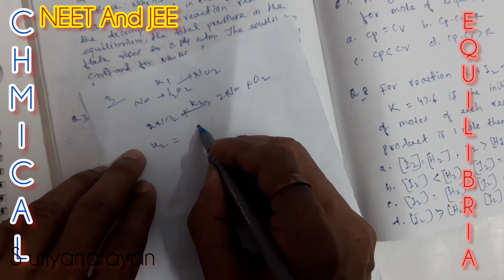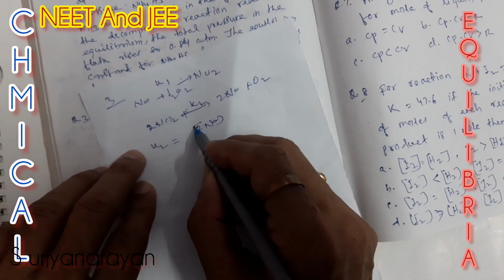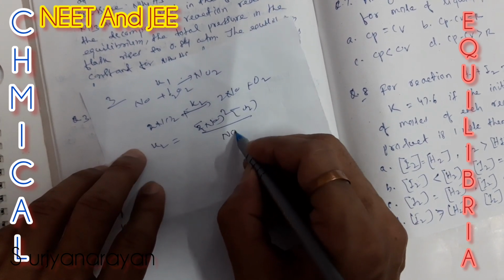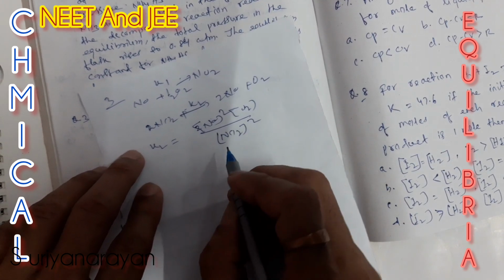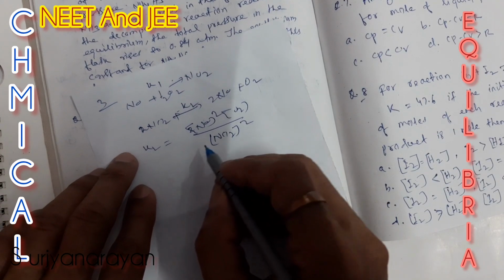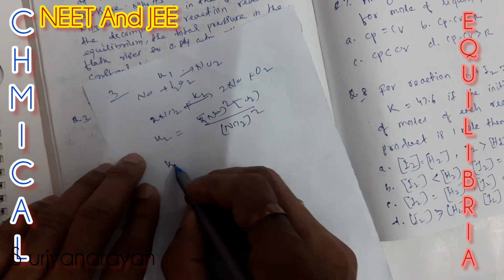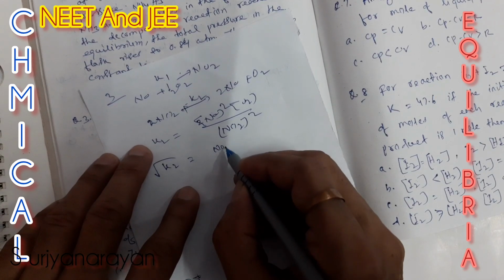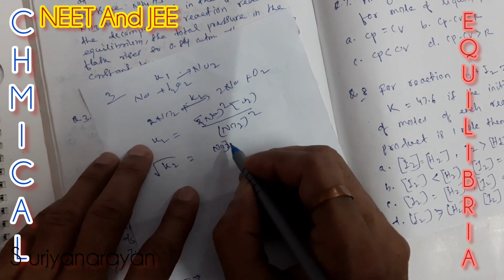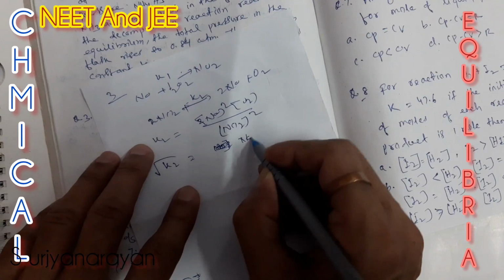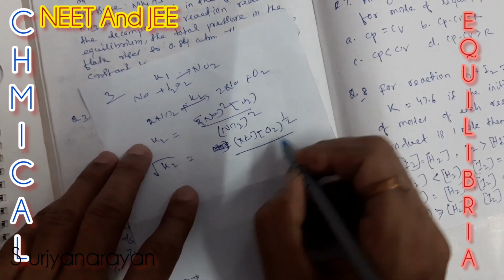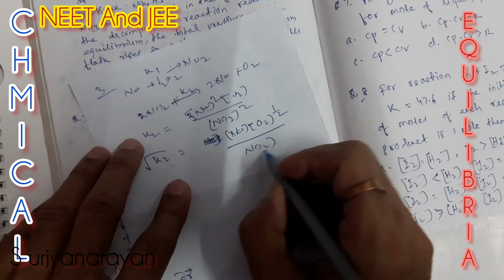K2 is equal to NO square times O2 divided by NO2 square. Taking the root over it, you will get NO times O2 to the half divided by NO2.